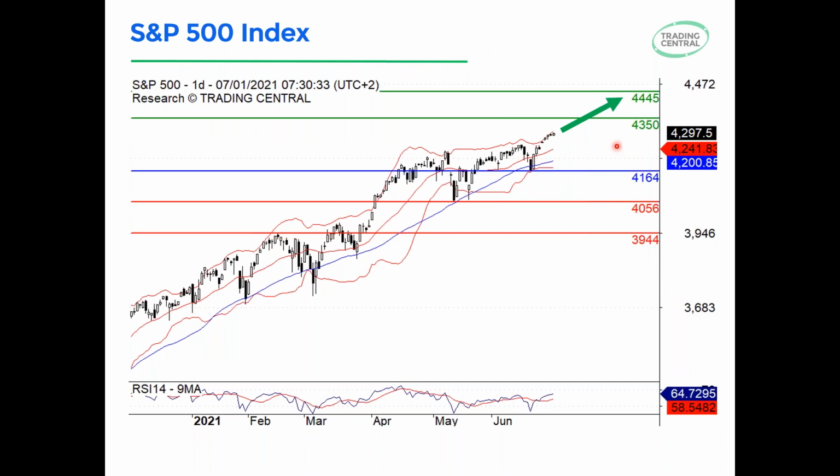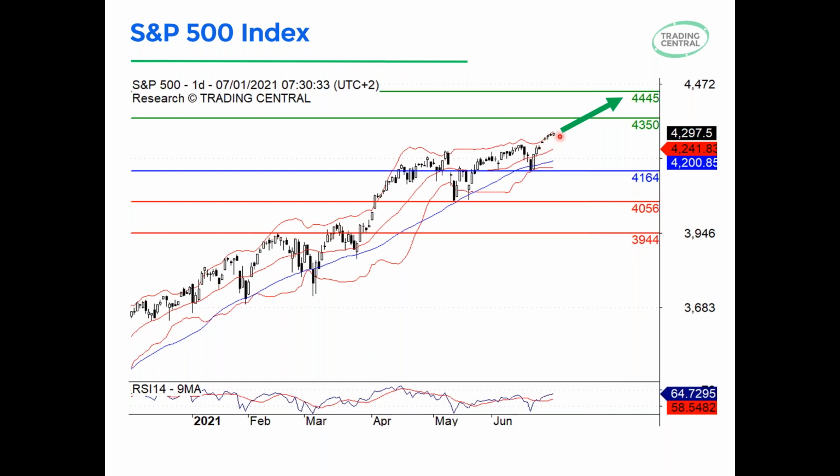This is the S&P 500 index. After, I can say, less than 5% consolidation, with all those people talking about inflation, increasing interest rates, and so on, we are making record high, record close, record high, record close.